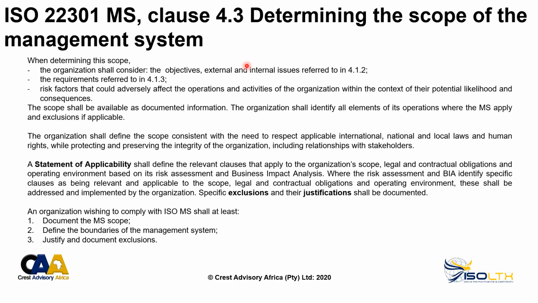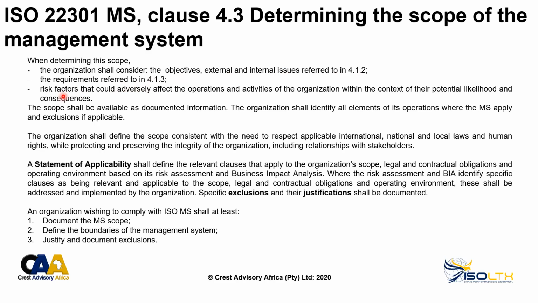It is about the functionality and the organization scope. So when determining the scope, the organization shall consider the objectives, and the external and internal issues referred to in clause 4.1.2. That has to do with a list of internal and external issues. Also the requirements referred to in clause 4.1.3, and the risk factors.